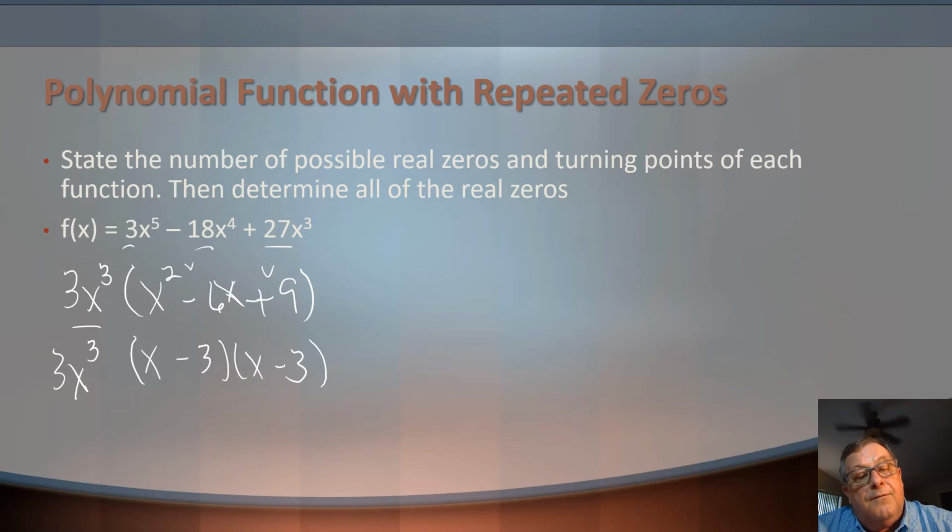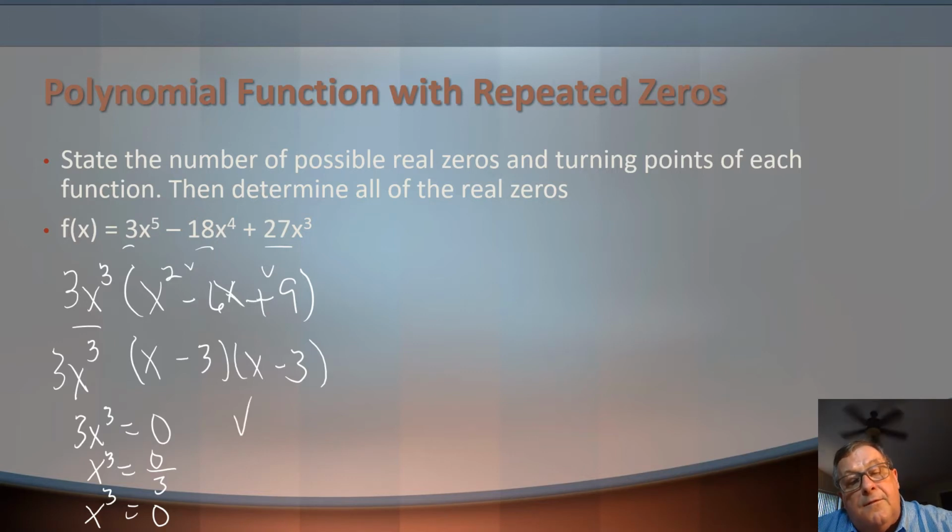So we've got our factors. Now let's solve for our zeros. We set this 3x cubed equal to 0. We divide 0 by 3, which of course is going to be 0. So x cubed is equal to 0. And then we take the cube root of x cubed and the cube root of 0.